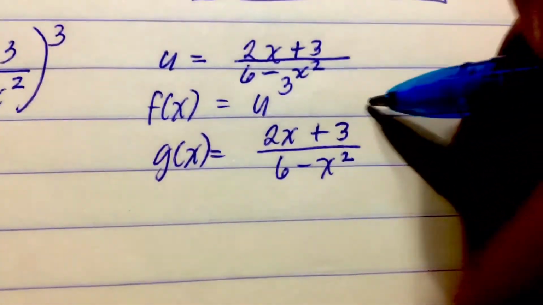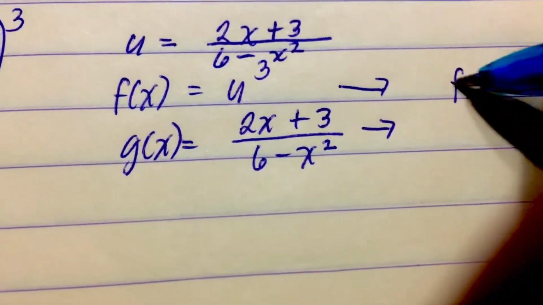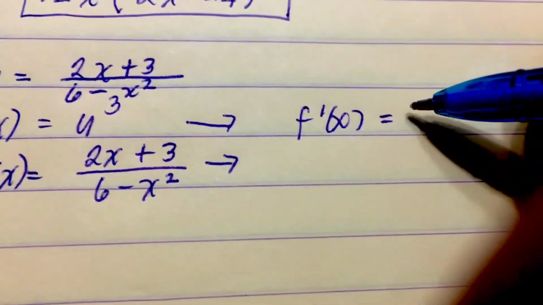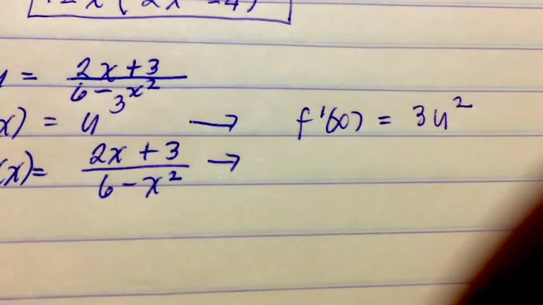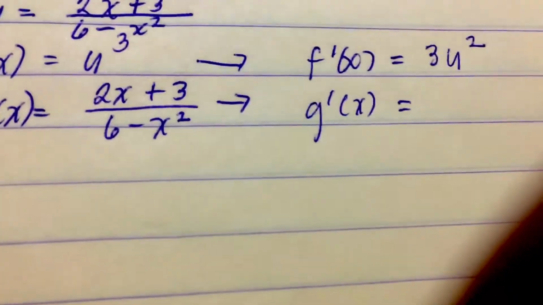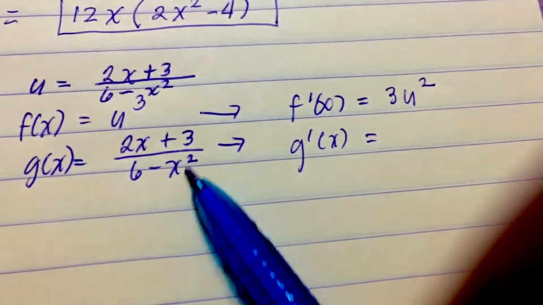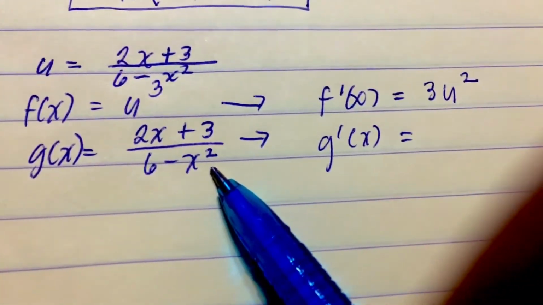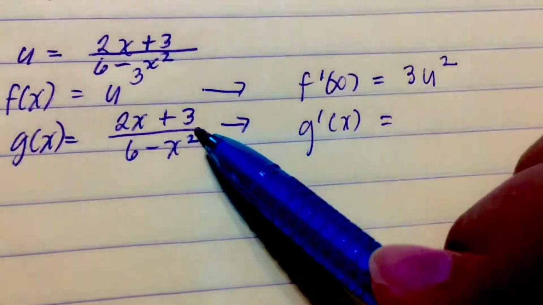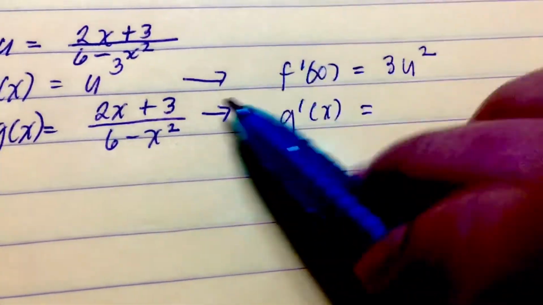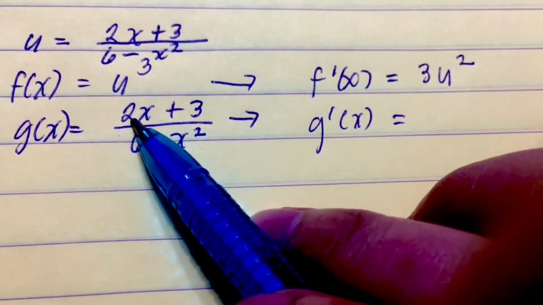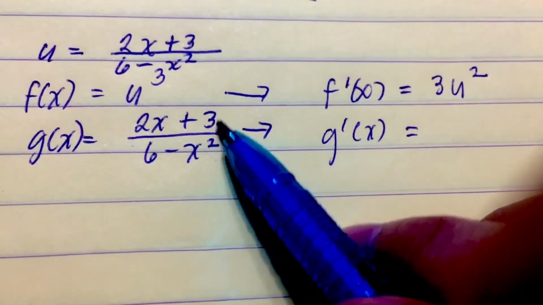Let's find out the derivatives of those. So this is 3u squared, and then the derivative of g of x is, since this one is a quotient, the first one is the derivative of the first function, upper or your top. So that is only 2 because this is constant multiple rule, and this one is constant, so this is 0.